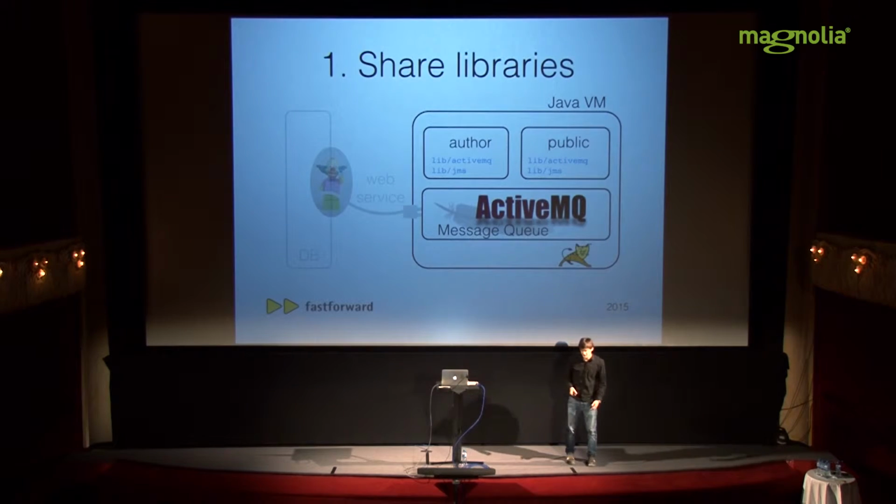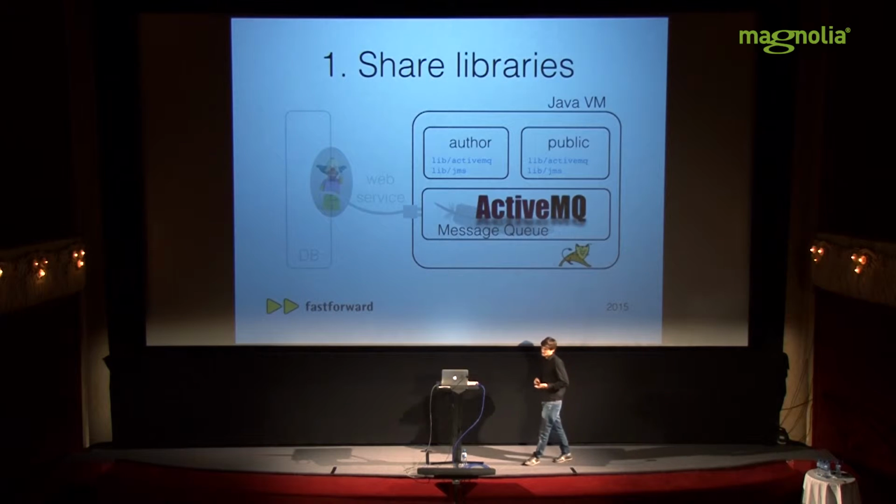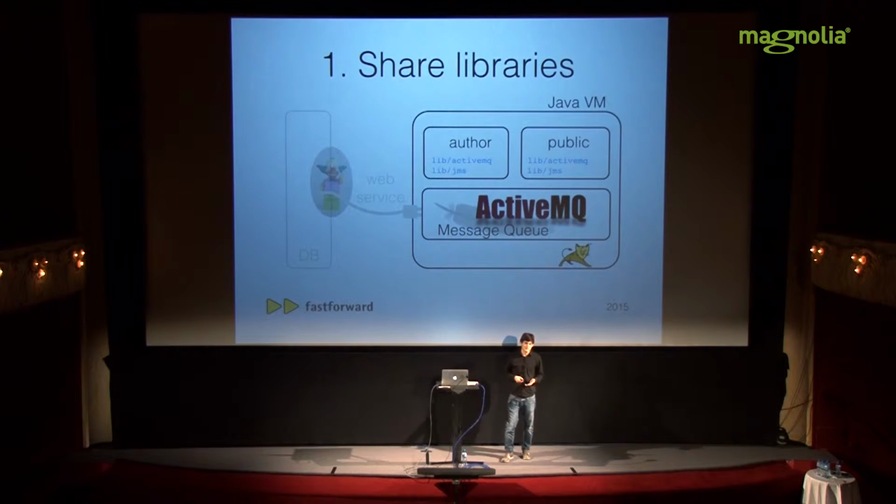And usually, when you use third-party libraries in Magnolia, or in a Tomcat, you just put them into the lib directory of the unique Tomcat web apps. As you may know, Tomcat separates web apps by using unique class loaders for each web app.